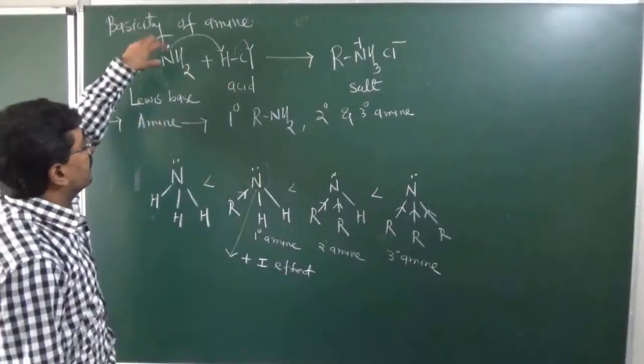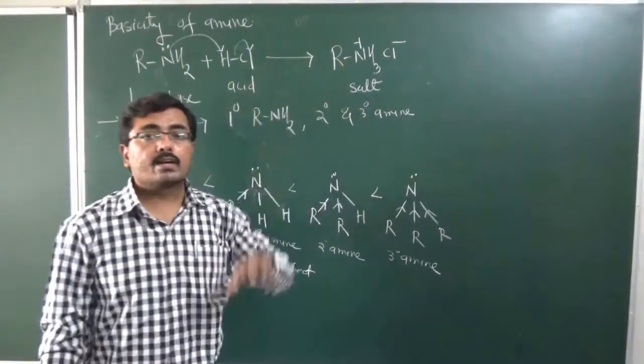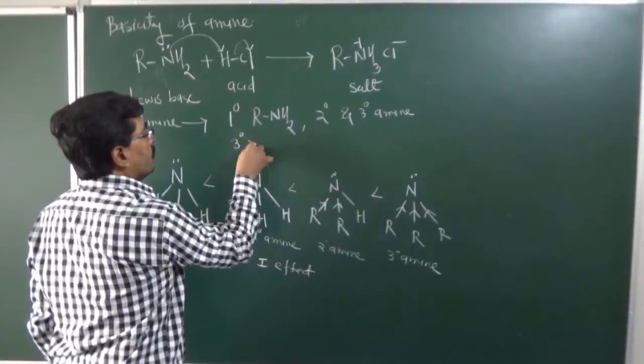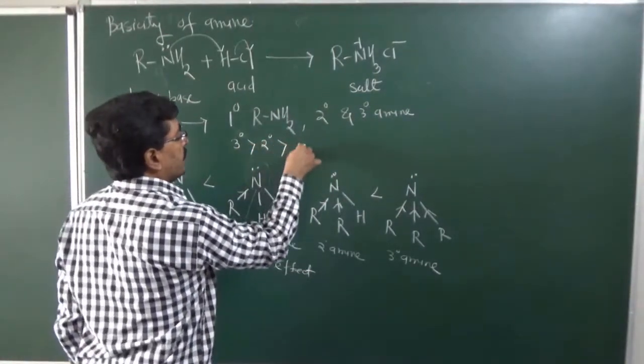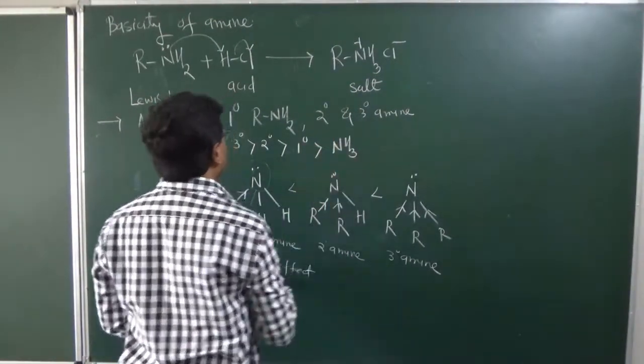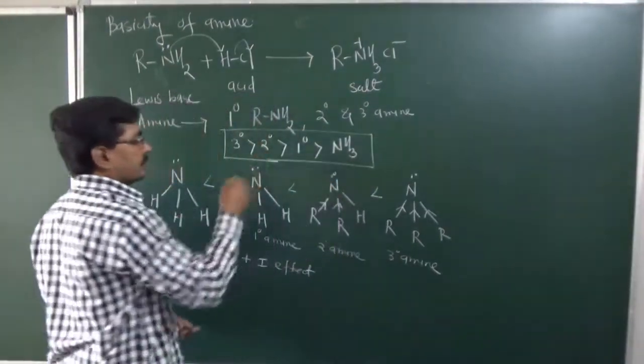When nitrogen has more electron density, it can easily donate its electron pair. Therefore, we can say that the tertiary amine is more basic as compared to the secondary amine, the secondary amine is more basic than the primary amine, and the primary amine is more basic than ammonia.